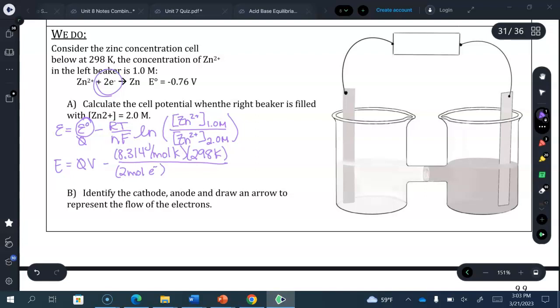And then F is 96,485 coulombs per mole of electrons. And we're going to multiply that by the natural log of 1 molar over 2 molar.